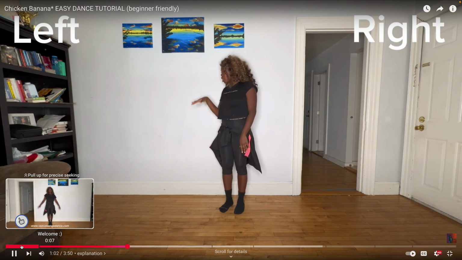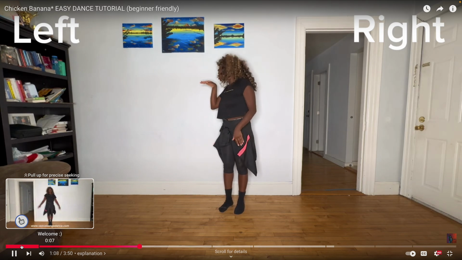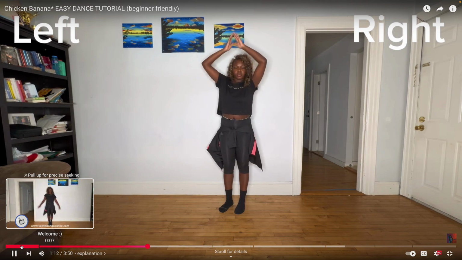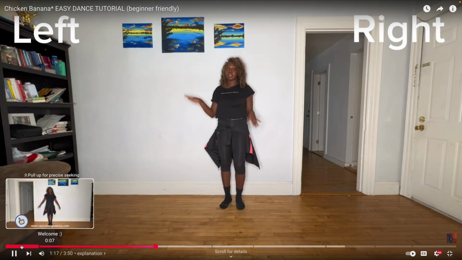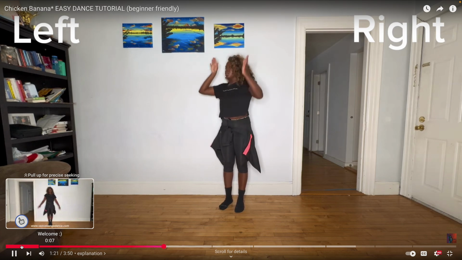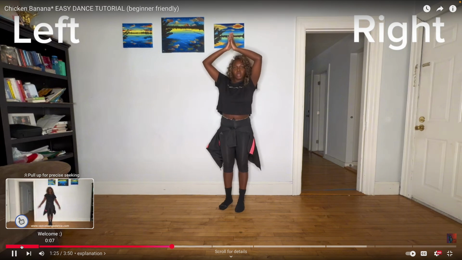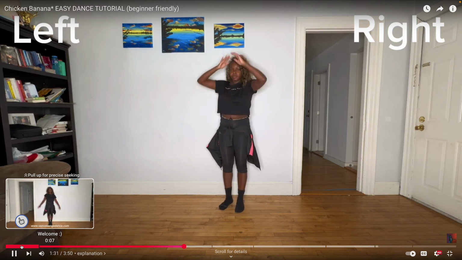Nice and slow. Chicken, banana. Chicken, banana. Chicken, banana, banana, banana. Yeah? And so I do start my head on that right side first when I bring it in. Chicken, banana. Chicken, banana. Chicken, banana, banana, I think I'm better at the banana. chicken, which Then is you're gonna surprising. repeat the same thing again. Chicken, banana.